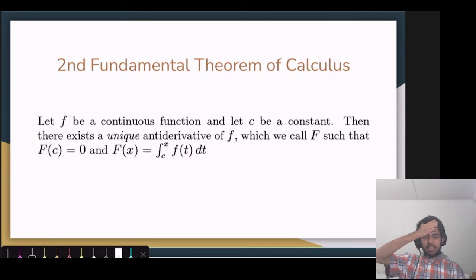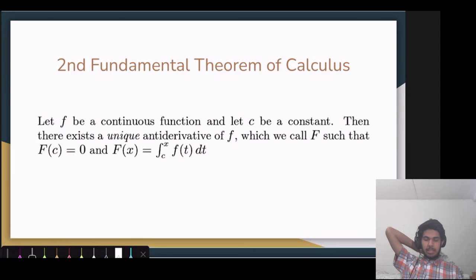We understand that there are many, many antiderivatives of a function because of that plus c term. But surely there's only one constant that would make the antiderivative equal to 0 at that point, right? If we have multiple functions that evaluate to 0, then they would all be the same function. This is a little bit more complex.